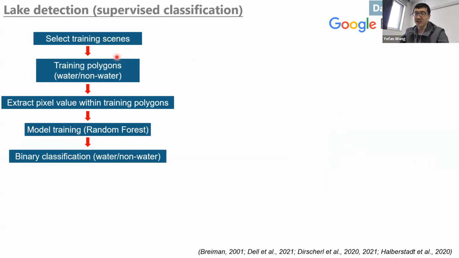So I draw these training polygons and extract the pixel values within them. Then I put these values into the Google Earth Engine platform, which has onboard algorithms, the random forest, and train these models. Finally, I classify these images into water and non-water pixels.